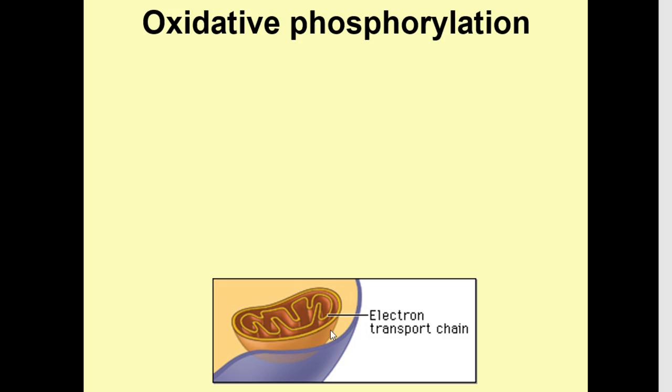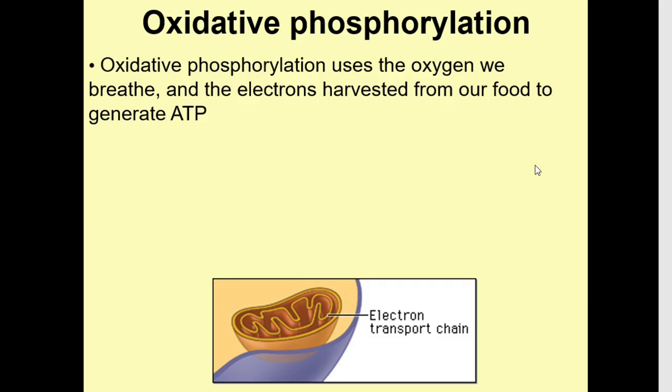You can see the outer membrane, you can see the inner membrane, and you can see here that the electron transport chain, which I'll show you on the next slide, is actually embedded within the inner membrane. So the inner membrane of the mitochondria plays a pivotal role in oxidative phosphorylation, as does the gap between the membranes, what we call the intermembrane space. Okay, so I'll use that term a bit as we go through this.